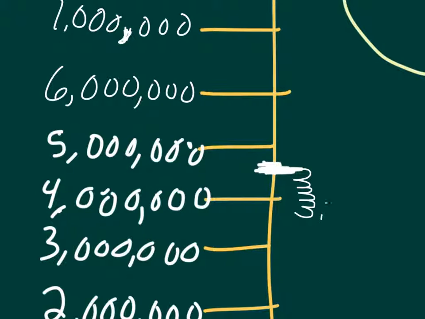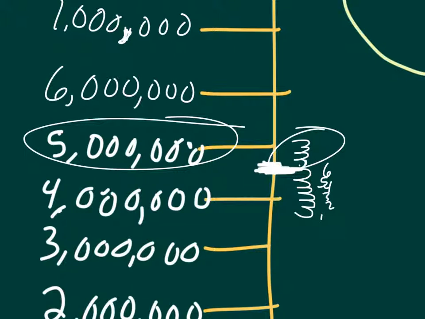So that would be 1, 2, 3, 4, 5, 600,000 away. If I were to round up, let's see, 600,000, 700,000, 800,000, 900,000, 5 million. That's only 400,000 away. Obviously, closer to 5 million.